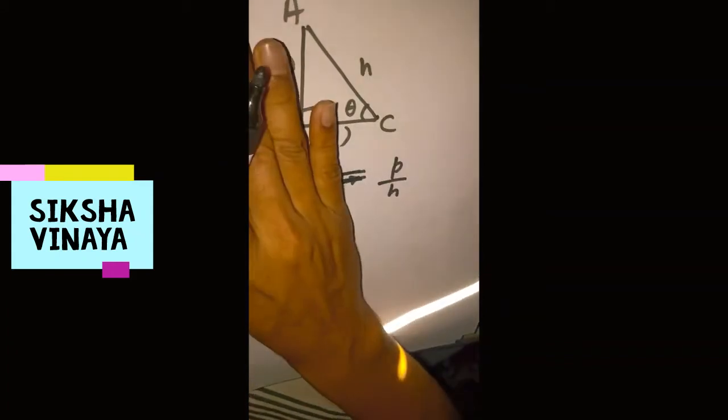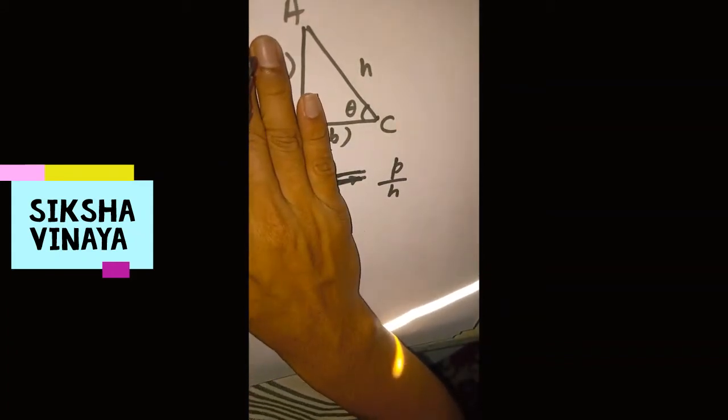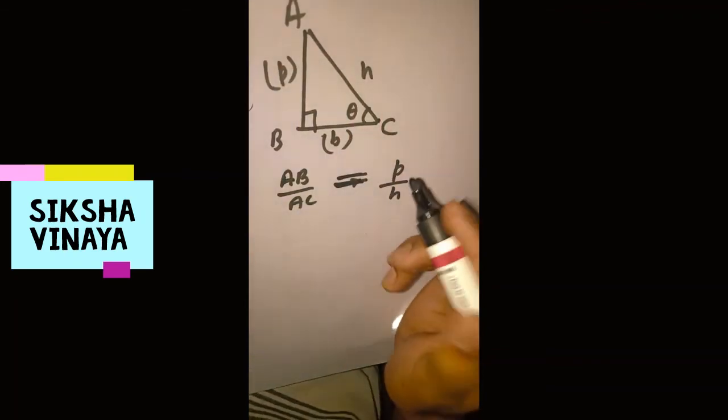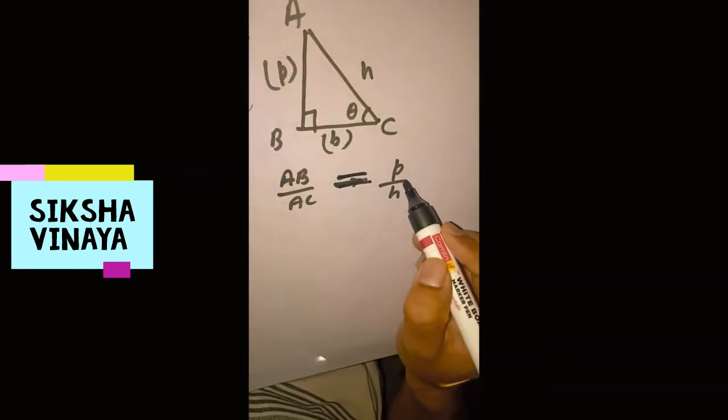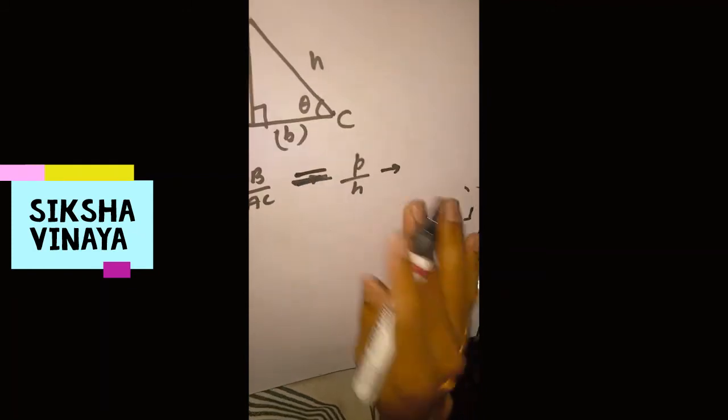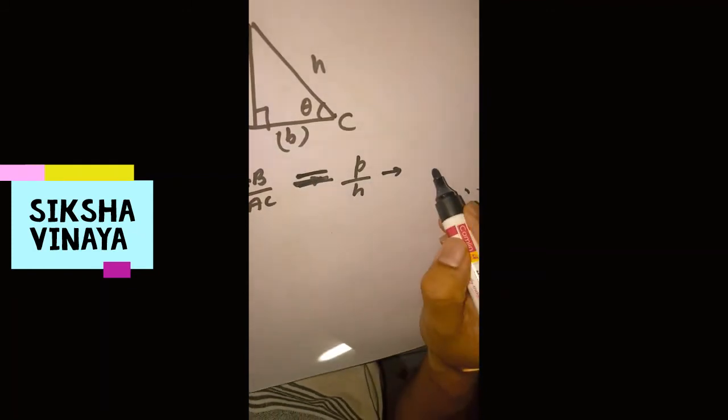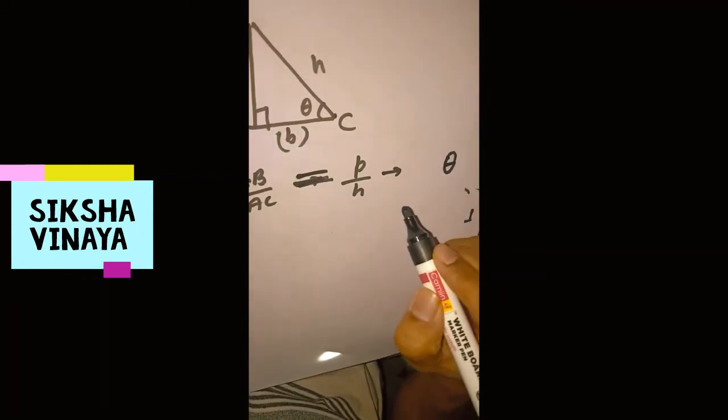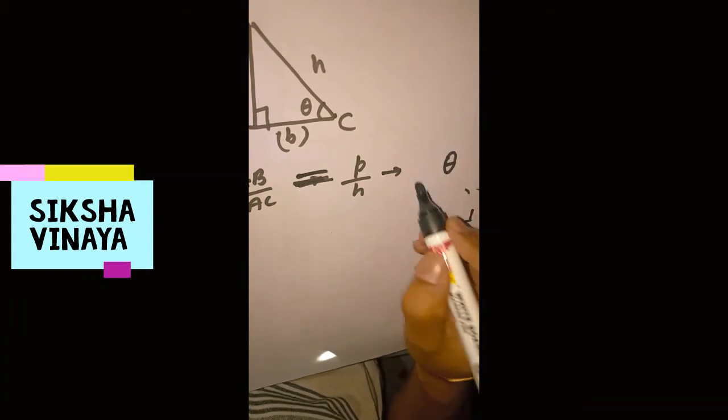This is the ratio of sides. But if you say this is P by H, then you have to give extra information. That is the work of mathematics: they create a new idea or new thing that gives more information. So the ratio is given according to the perspective of theta.